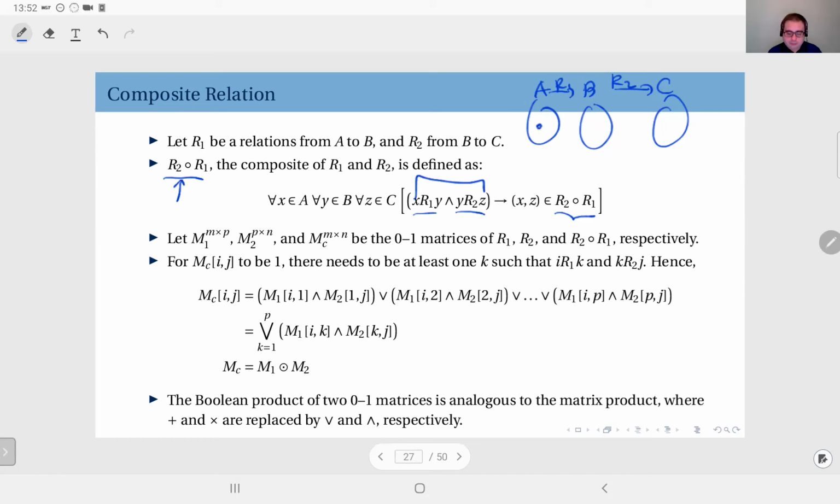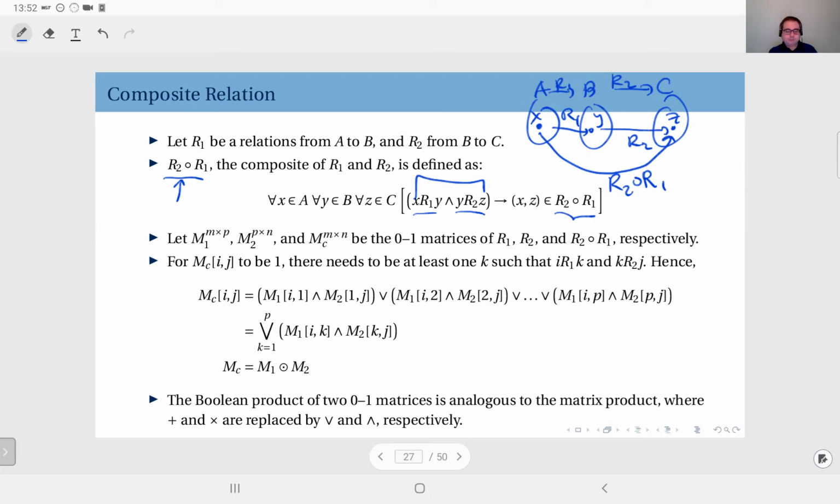Okay, so x here, y here, they are related through R1, and this y is related to z through R2, then x and z in sets A and C respectively should be related through the composite relation. Again, be careful about the order. So this is like composing functions.